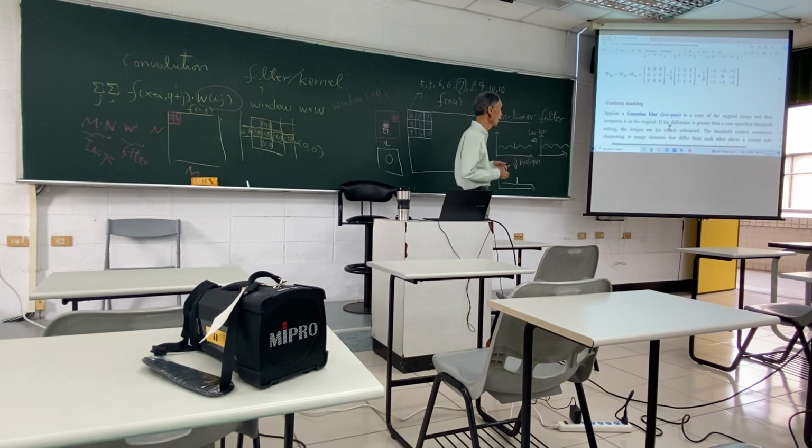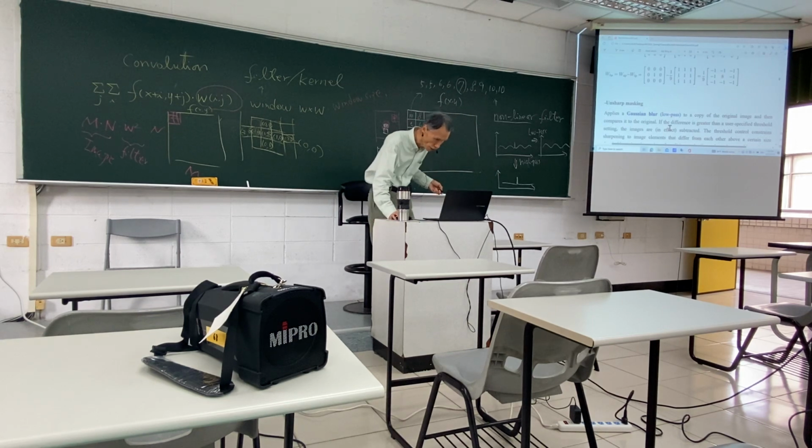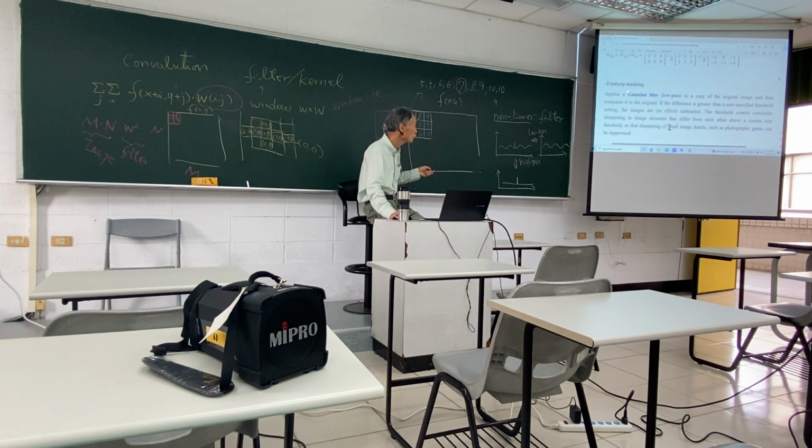Unsharp masking. Now, I will let you read the details, but I will just show you how it works. It's the so-called unsharp masking. It also tries to sharpen the edges.